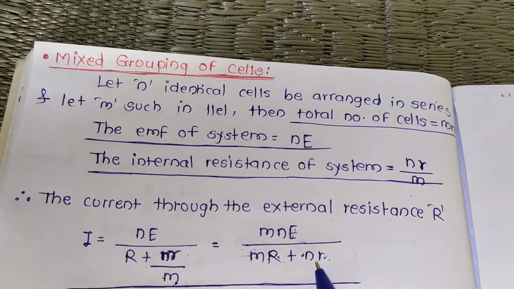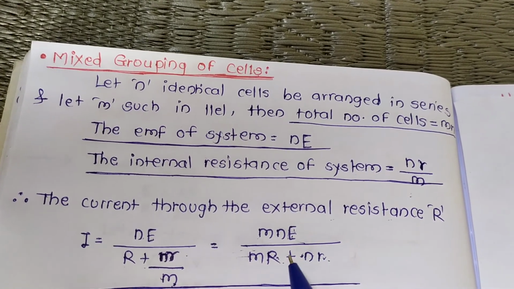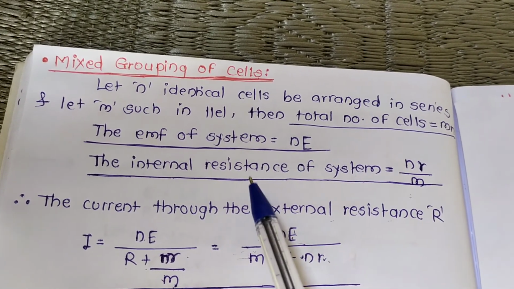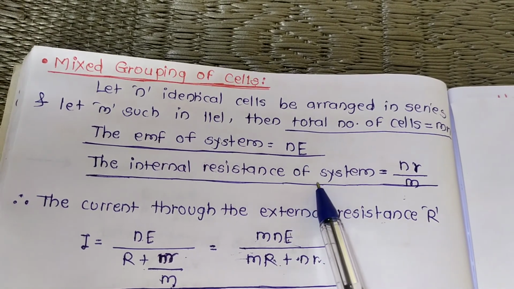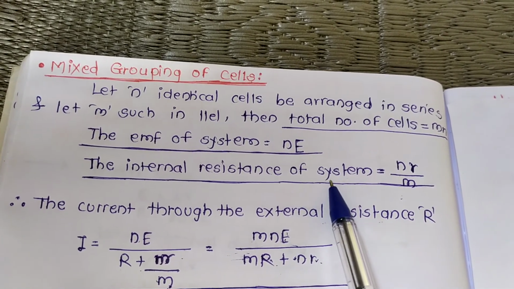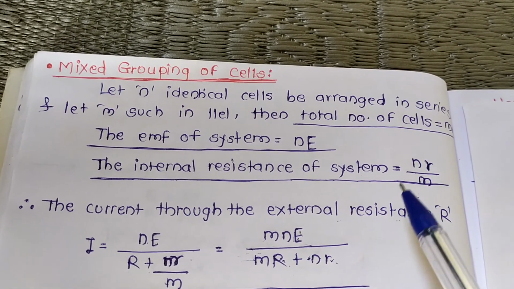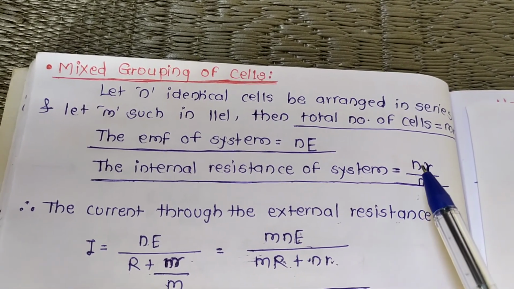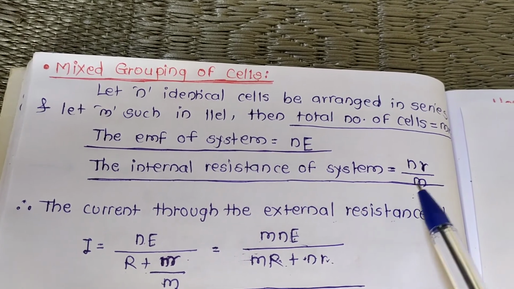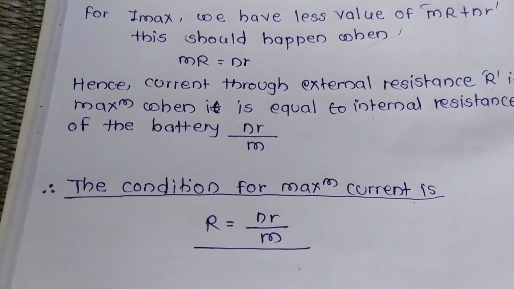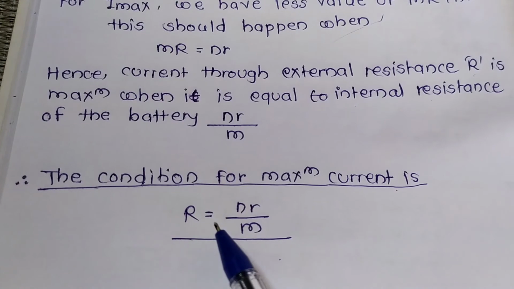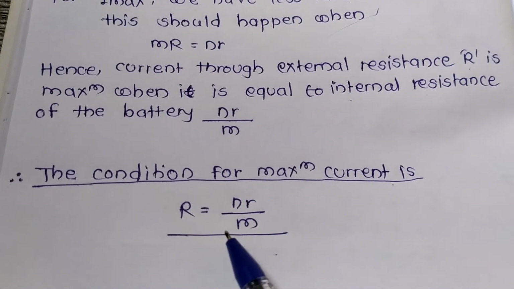This capital R is equal to small r. Hence, the internal resistance of the system, small r into n divided by m, is equal to R, is equal to n r divided by m.